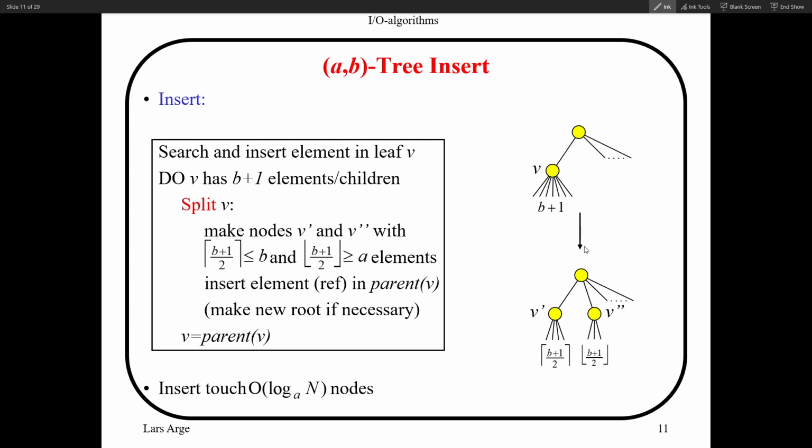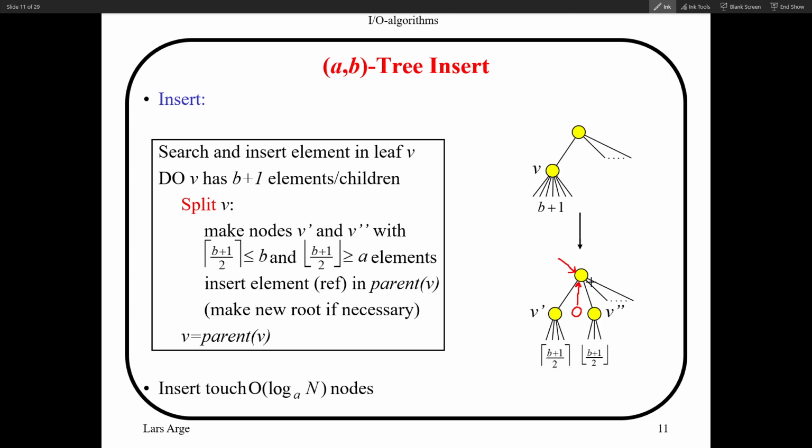But this operation requires that we add an additional key to the parent of V. The value of the key should be in between V prime and V double prime. So this splitting operation requires that we insert something in the parent of V. But of course, that means that then the parent of V could overflow. The parent could suddenly have B plus 1 children.